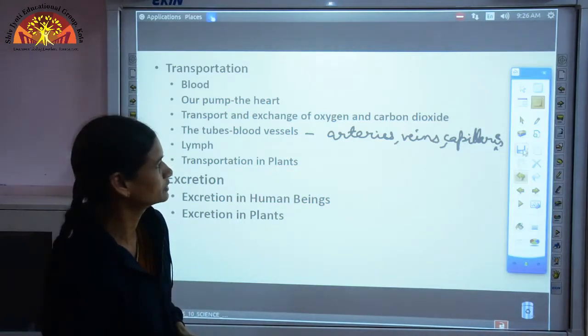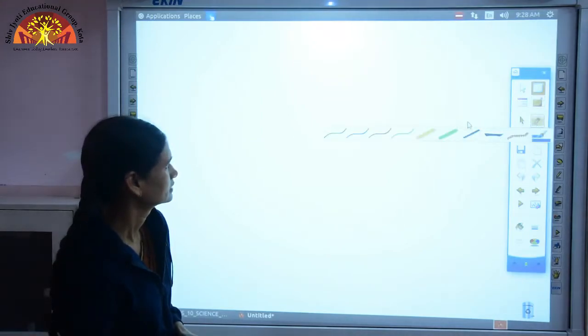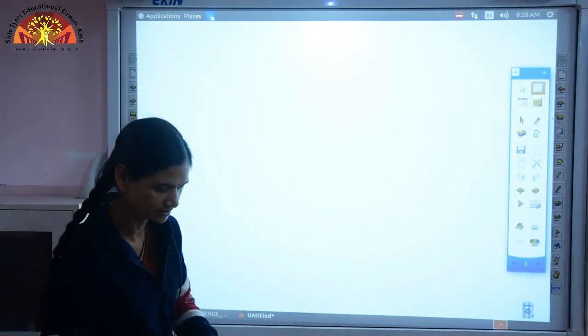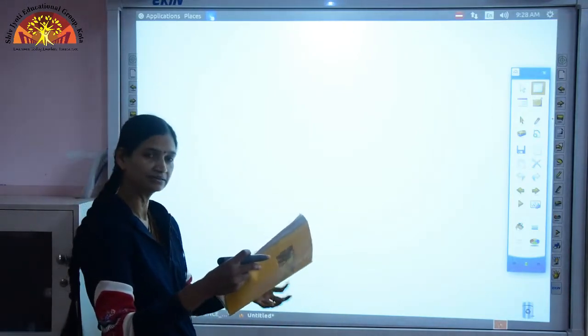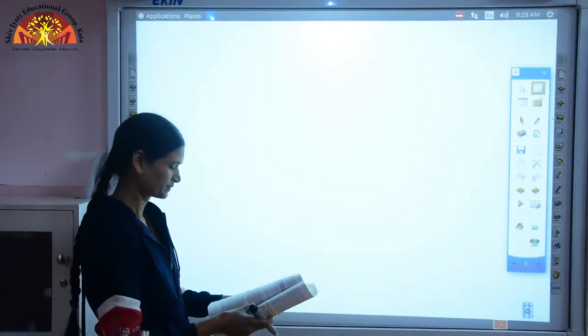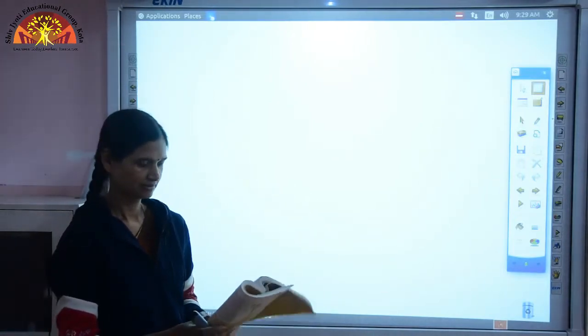So excretion in human beings contains various parts. Those parts are like, a pair of kidneys is there. You can refer to the diagram on page number 110, figure 6.13. This figure. So a pair of kidneys is there.